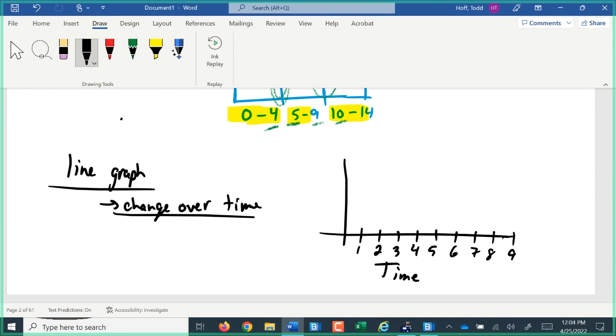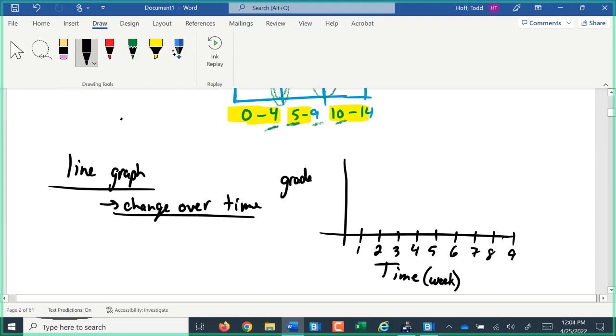Let's look at a school year divided up, whether you're on quarters or trimesters. If you're on quarters, it would be a 9-week quarter. And let's just show your grade average for the week. Let's go 20, 40, 60, 80, 100.